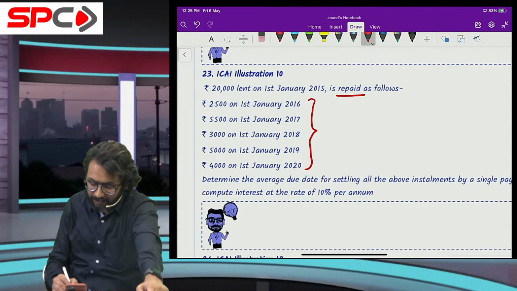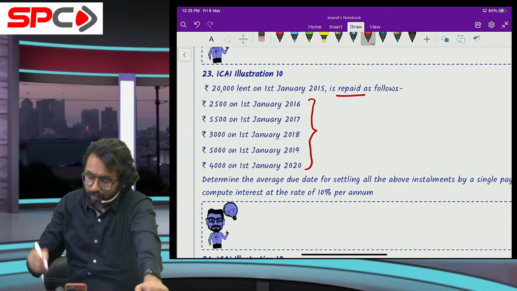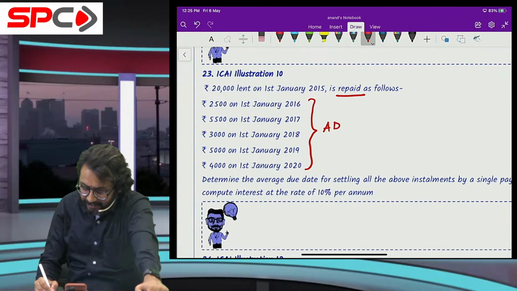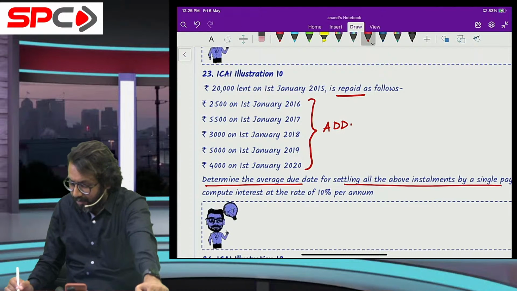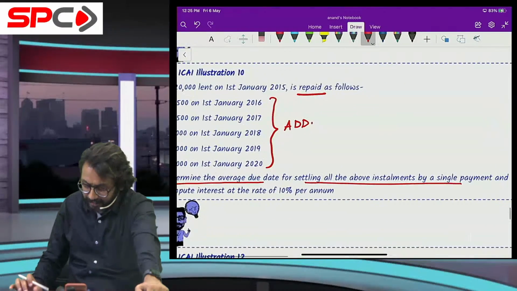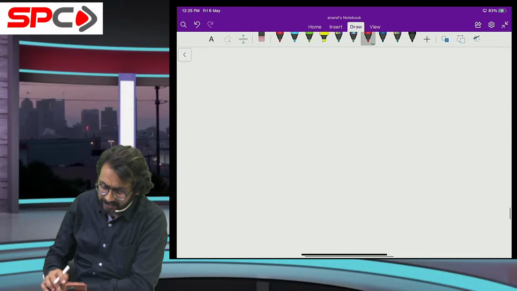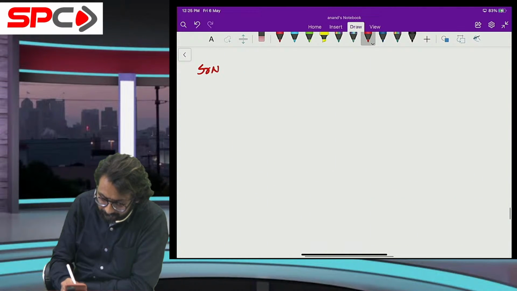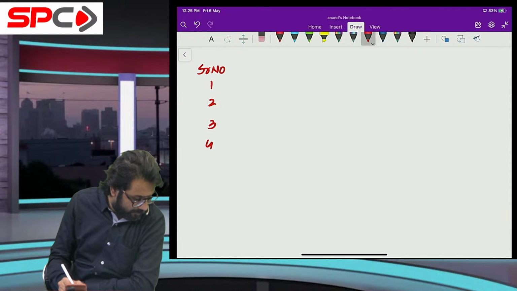I am saying that rather than making the payment every year, I will make the payment in one go. So I will calculate the ADD. They are saying determine the ADD for settling all the above installments by a single payment, and compute the interest at the rate of 10% per annum. Very simple. First tell me the serial numbers: 1, 2, 3, 4, 5.